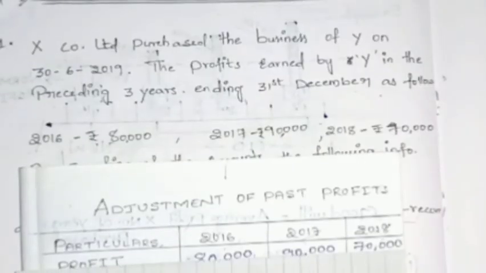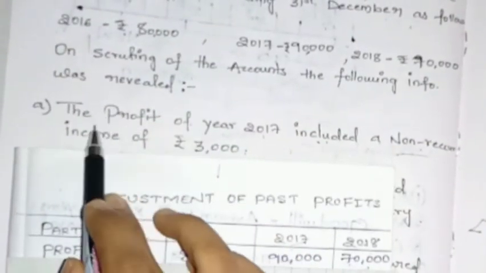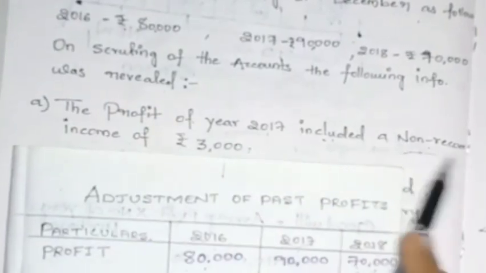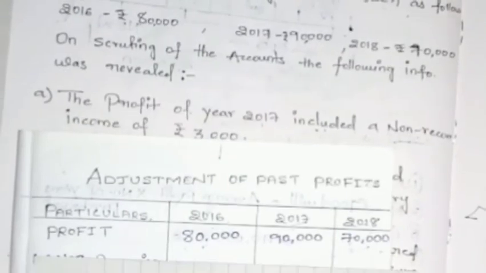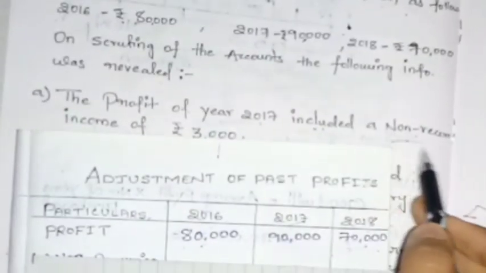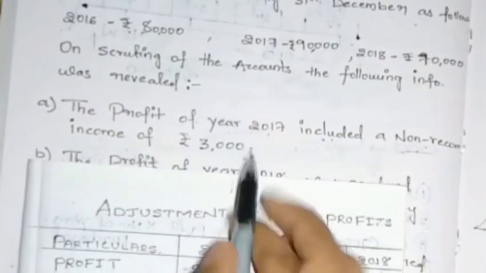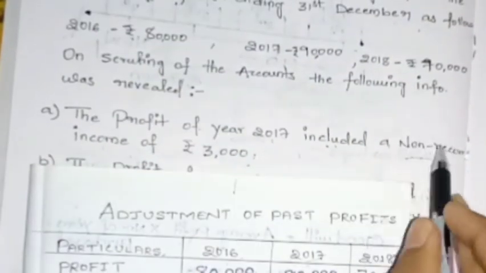And then let's see the first adjustment. The first adjustment is the profit of the year 2017, including a non-recurring income of 3,000. So what is non-recurring income? This 3,000 income generated in 2017 will not be generated in the future.